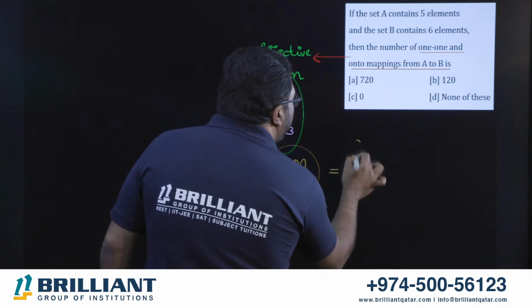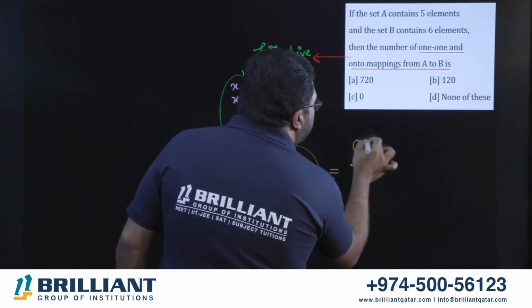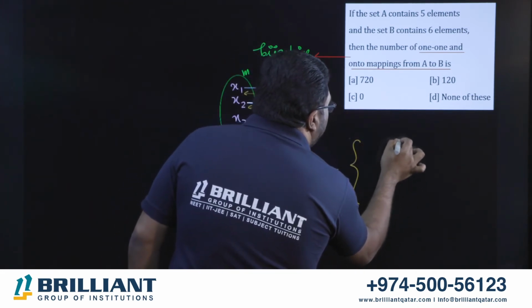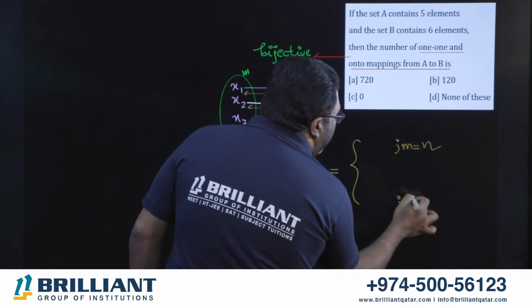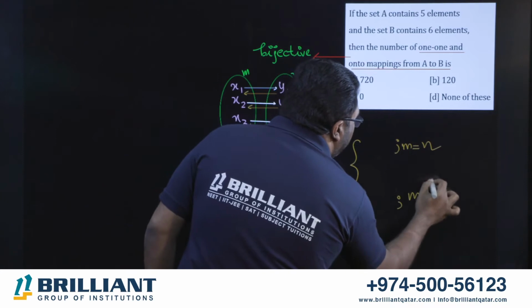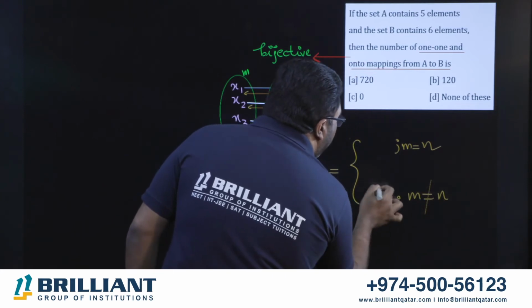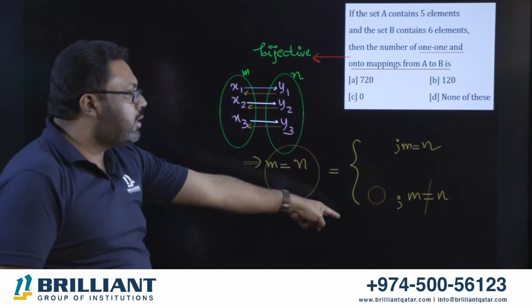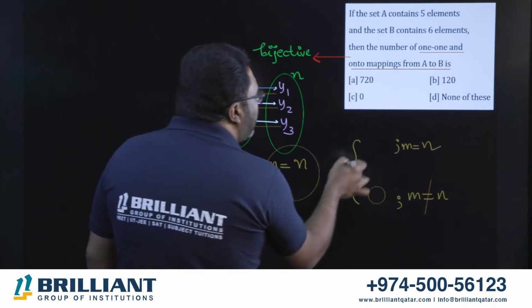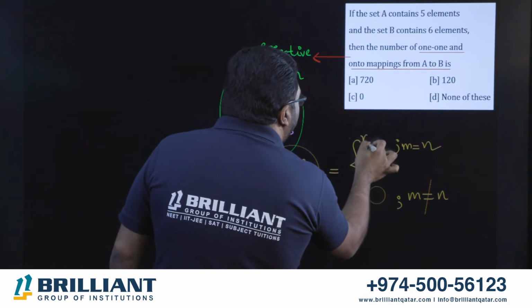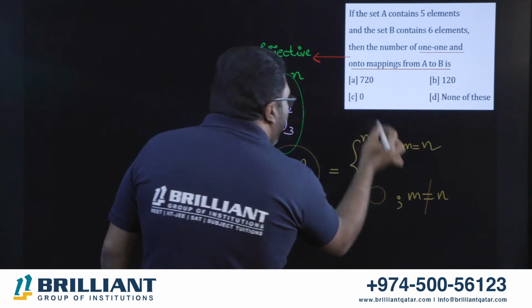Okay, let's learn the formula. The formula says that it is going to be m equal to n. This is the only situation where you have a formula. If m is not equal to n, then the number of bijective mappings is 0. Then what is the formula if m is equal to n? Isn't it going to be nPn?